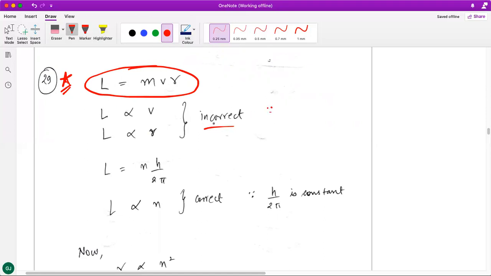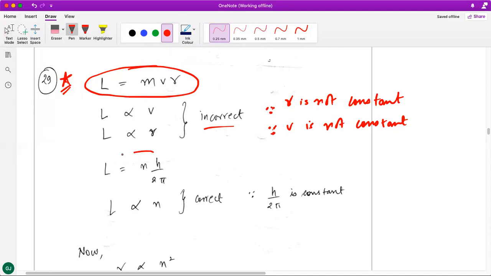Because when I say L is directly proportional to V, the other things in the equation must be constant. So I can't say L is directly proportional to V because R is not constant. Similarly, I can't say L is directly proportional to R because V is not constant. So you can only use the direct proportionality when the other terms present in the equation are constant, right?